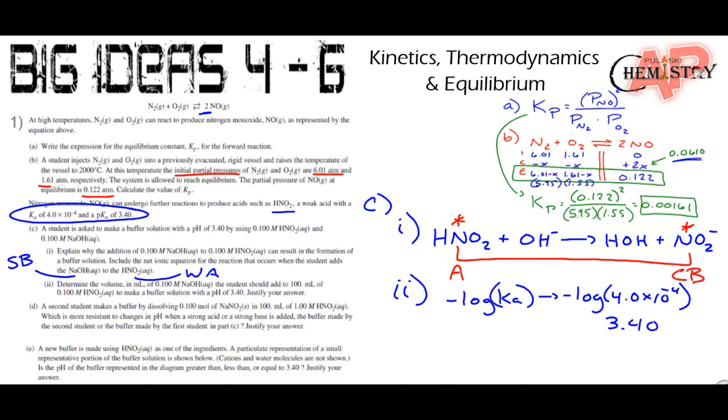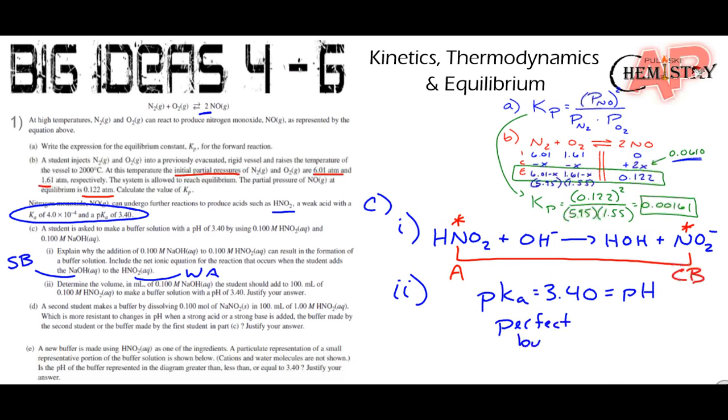So that is the pH that they're asking about, right? And then you remember, oh my gosh, yes, when they want a pKa and a pH at the same time, then that has a certain meaning. If you have a pH that equals the pKa of the solution, that's a perfect buffer. And what that means is that your acid equals your base.